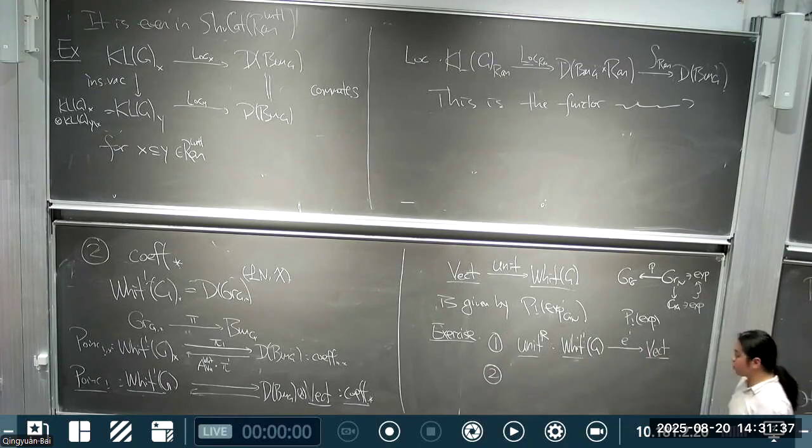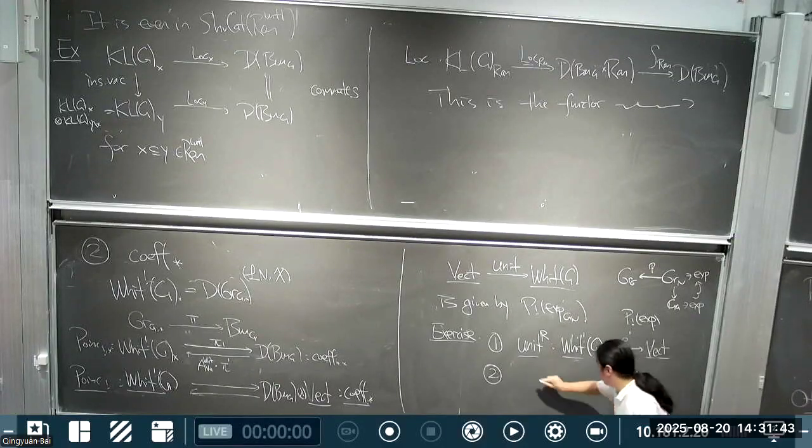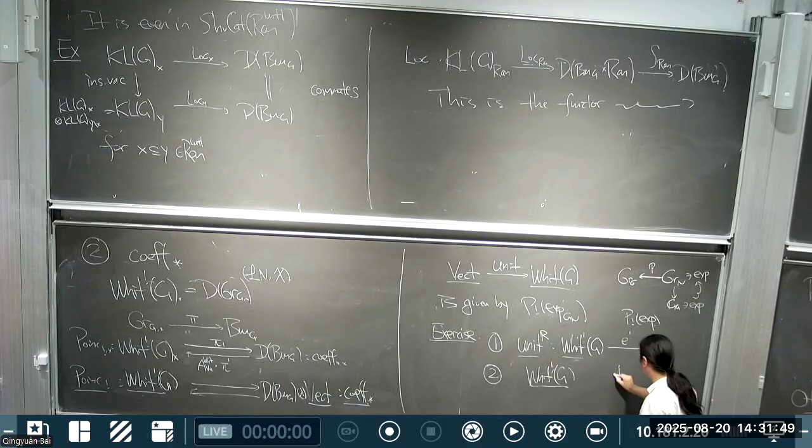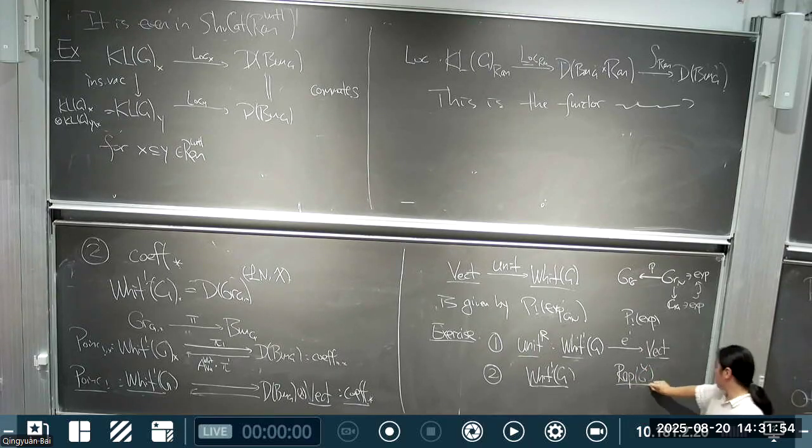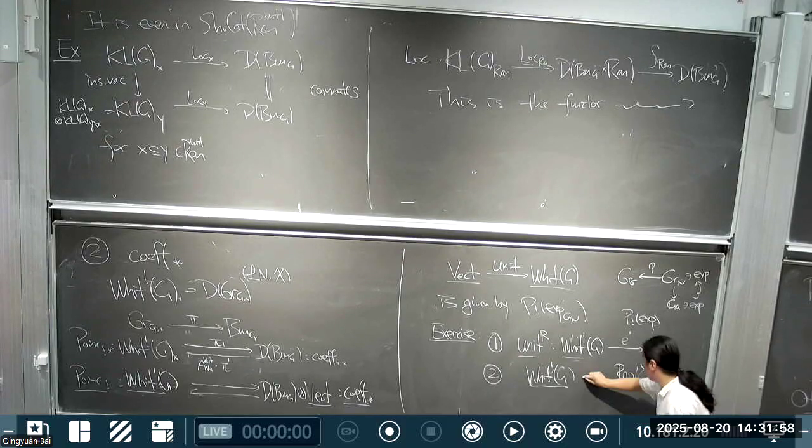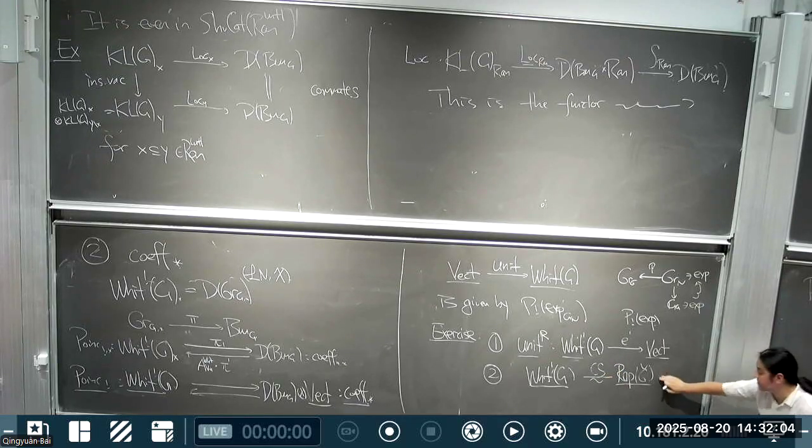And the second thing tells you how this unit thing is related to Casselman-Shalika. So let's consider this Whittaker category of G, and we consider this G check. We also view it as a factorization category over Ran. And I think maybe Nick or maybe Kevin explained to you that this thing is a unital factorization category.